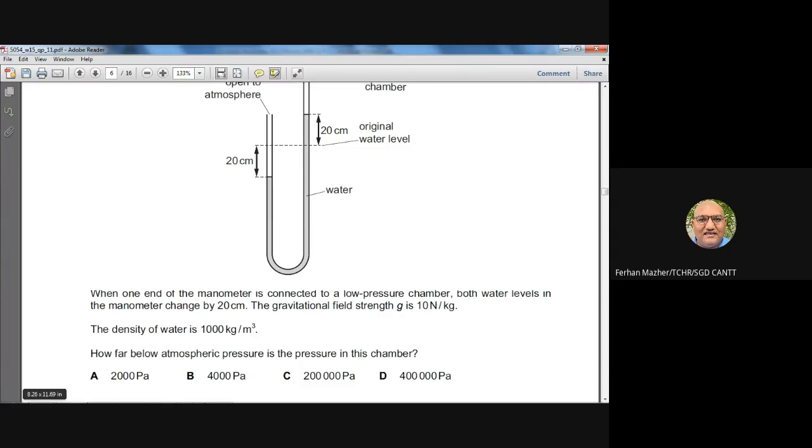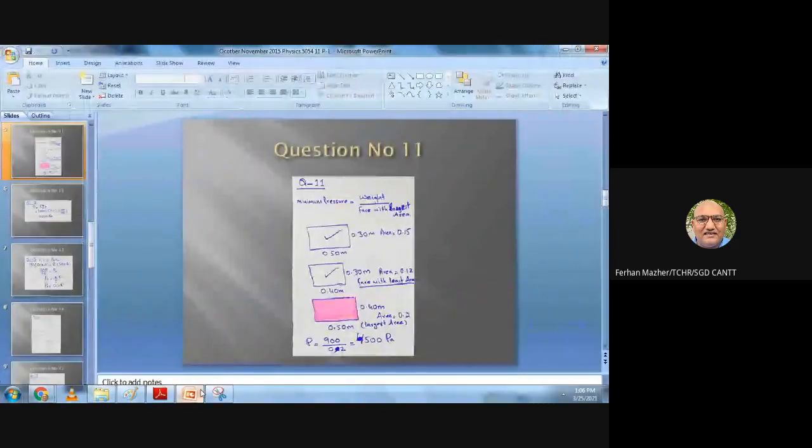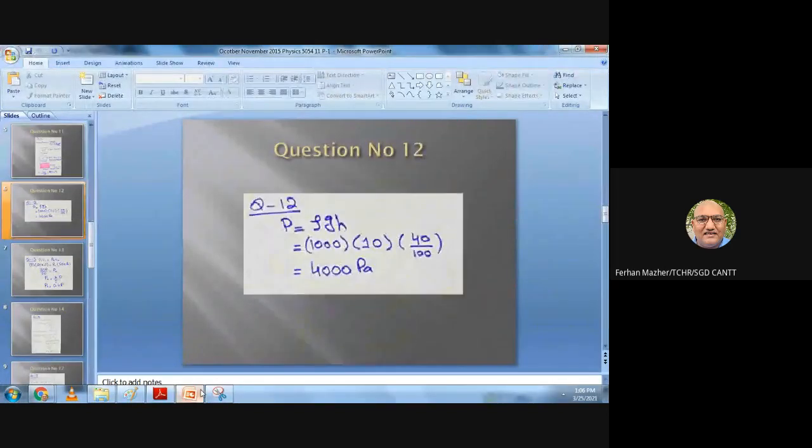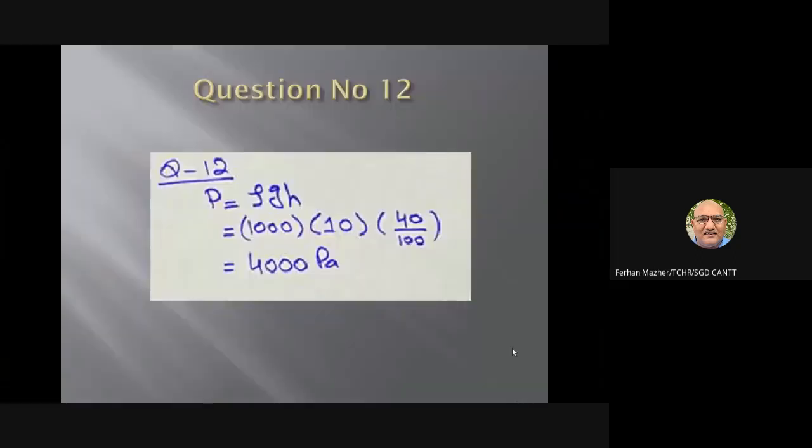I have done this on paper. Let me show you my work. You can see on your screen we have this slide. Pressure is equal to rho g h, where rho stands for the density, g stands for the gravitational field strength, and h stands for the length of the column of water.